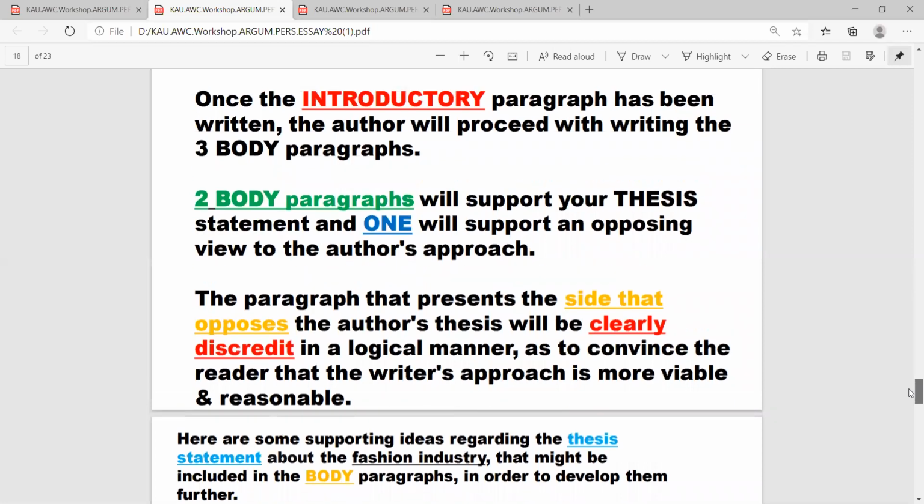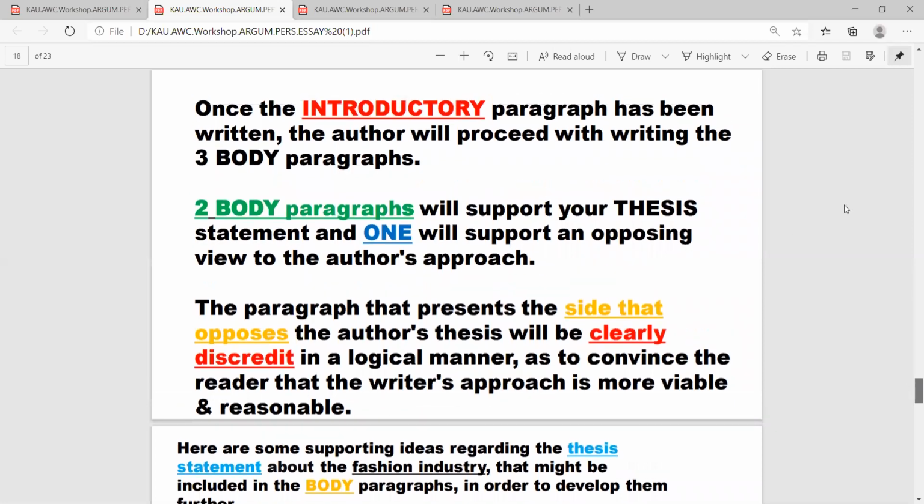Right. Now, getting back to the essay itself, once the introductory paragraph has been written, the author will proceed with writing 3 body paragraphs. The body paragraphs, of course, will support your thesis, and 1 will support an opposing view. You know what? I really don't agree with that approach. That is the approach that I have researched with the British Council. And to be honest with you, I do not want to contradict myself.